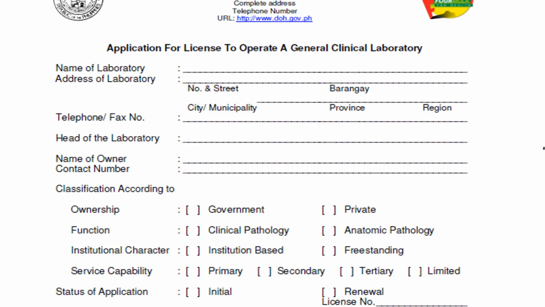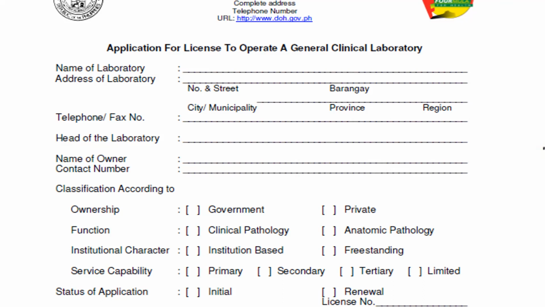He or she is not the head of the laboratory, because the head of the laboratory we are pertaining to here is the physician, particularly the pathologist. So for the name of the owner, if the owner is a registered medical technologist, then he or she is the owner, but not the head of the laboratory.